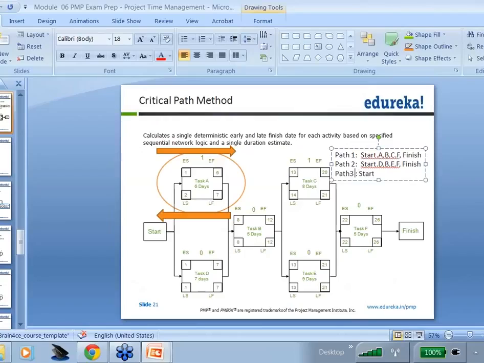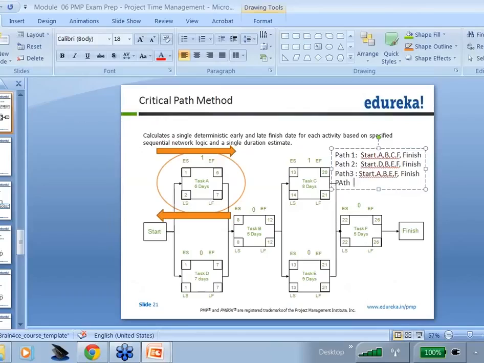Let me write this down as path 3. After start, I'll go to task A. From A, I will go to task B. From B, I have an option to look at the task E, the task F and end, which is finish. Okay, that's another path.